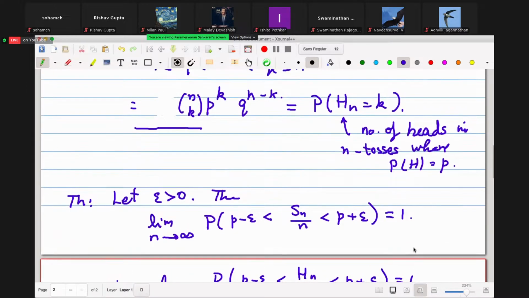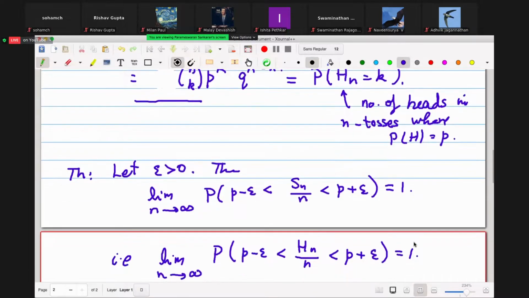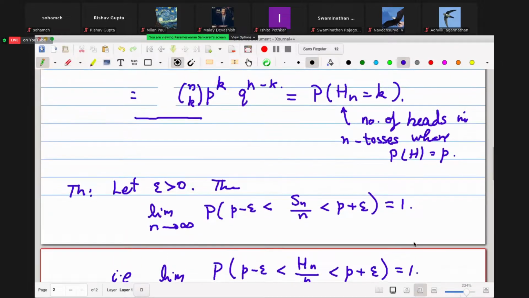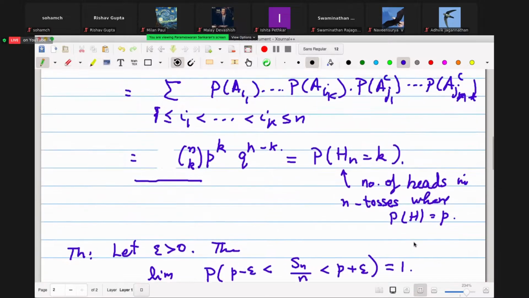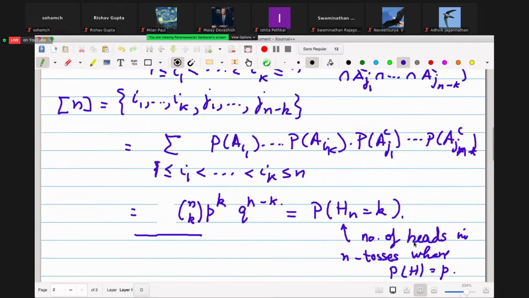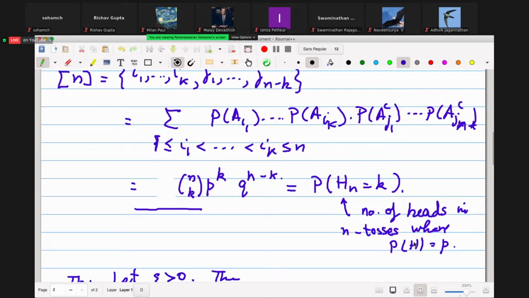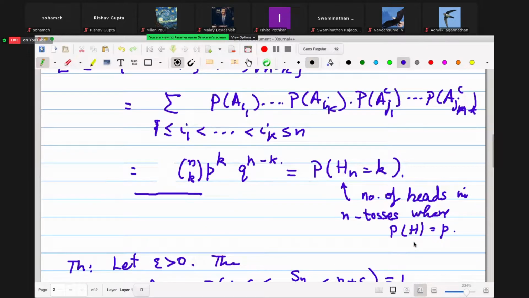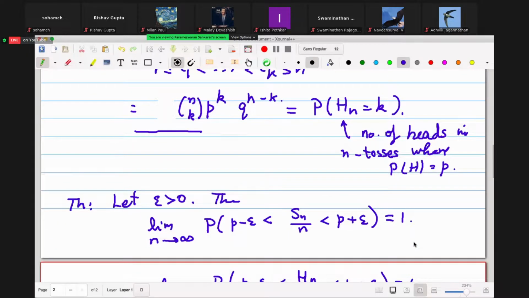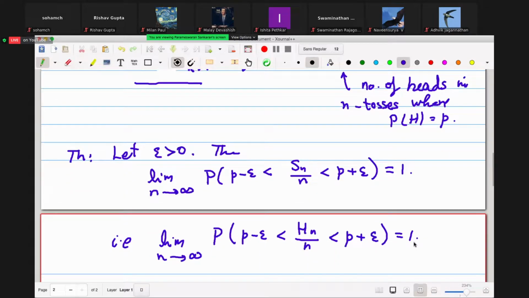The nice thing here is that the correct way to say it is that Sn and Hn have the same distribution function. Therefore, to compute the probability that it lies between two ranges, whether you use this or this is the same. You want to show this is equal to 1 and this is equal to 1, so these are equivalent statements.